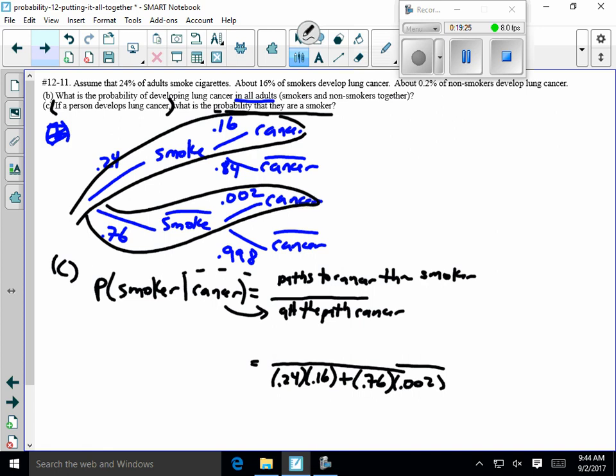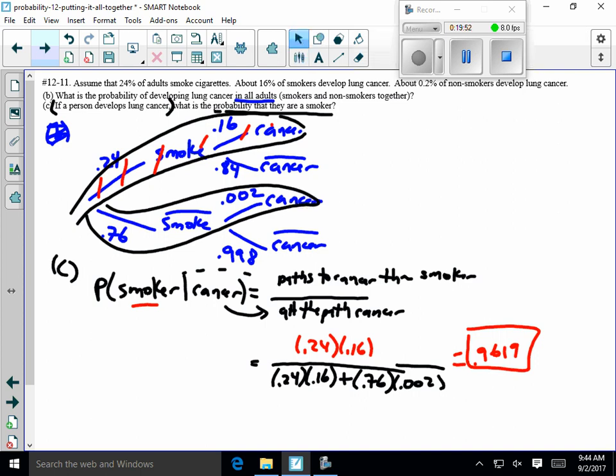And then out of those ways, the ones that met the event smoking was only this path. So that would be the 0.24 times 0.16. So it's a fraction of the paths. All right, and if you plug that in a calculator, that turns out to be equal to 0.9619. So if you have lung cancer, there is a 96% chance that you are a smoker.